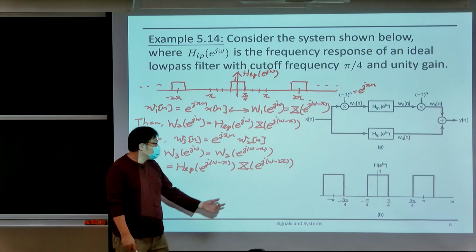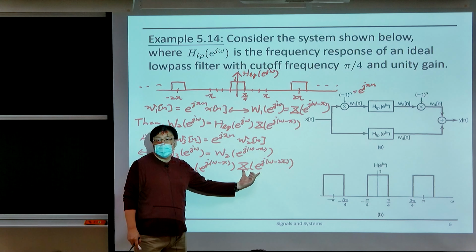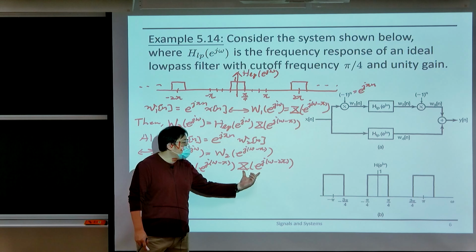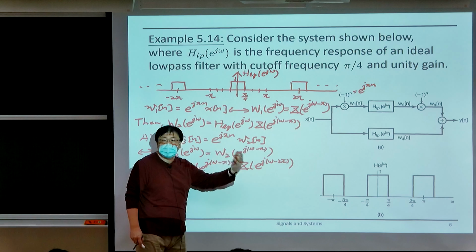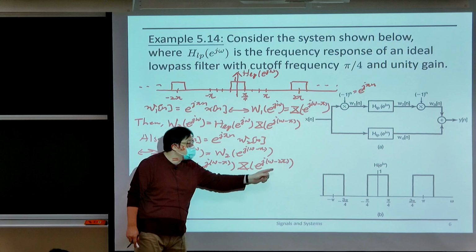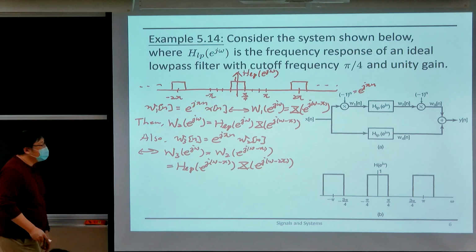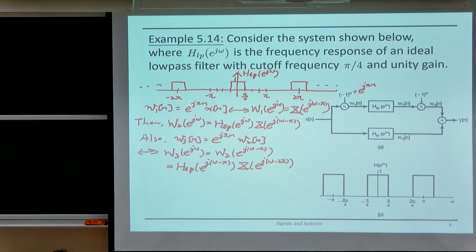Now, the discrete-time spectrum is periodic with period 2 pi, so the minus 2 pi has no effect. This omega minus 2 pi is actually equal to the spectrum at omega.